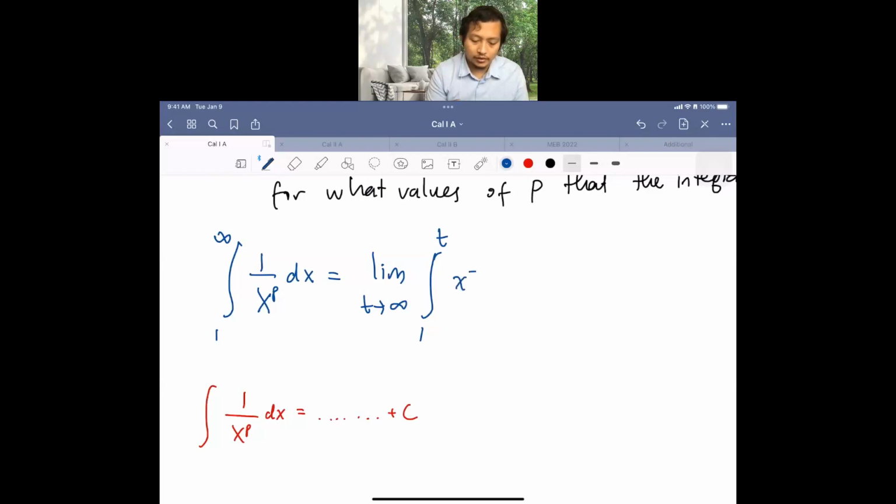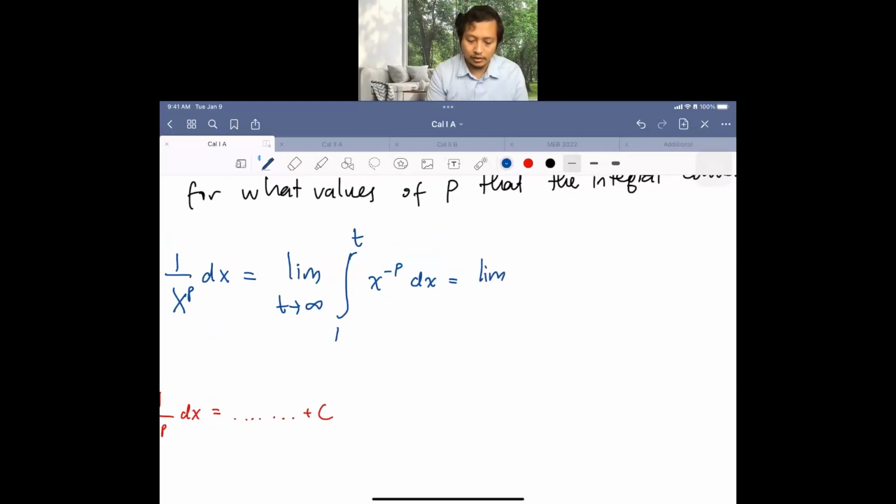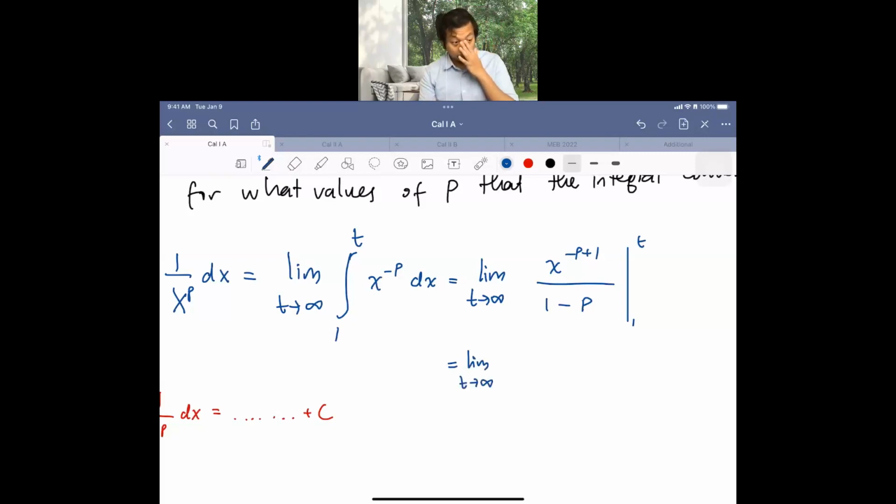So let me write it in terms of x with power of negative p, and then we can integrate this x to the negative p. This will be x to the negative p plus 1, over 1 minus p, from 1 to t. So we put t and 1 into x, and we have the limit.